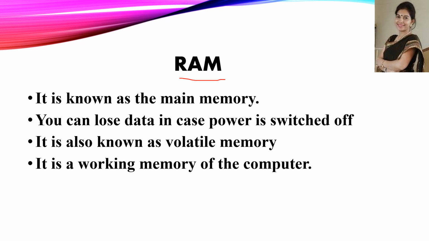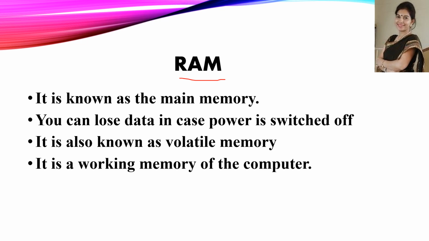So RAM does not contain any file. Whenever you switch off, all the files are lost. But as soon as you power on your system, all the operating system files are loaded on the RAM from your hard disk drive. And whenever you ask for any additional application or data, they are loaded into the RAM from the storage device.